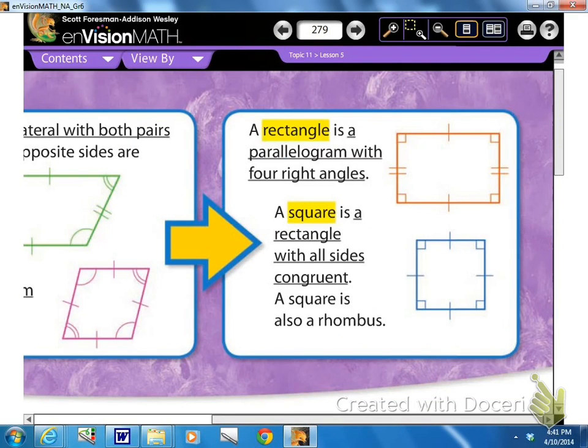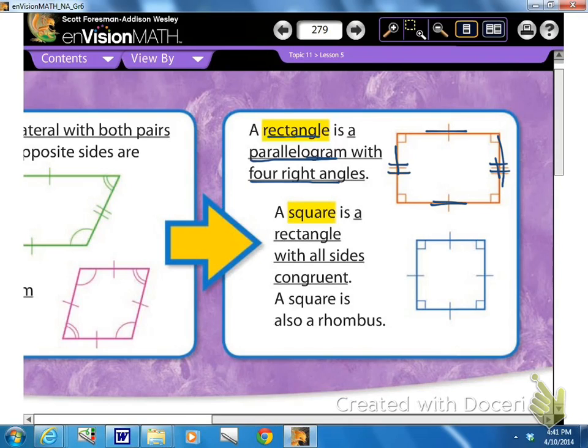Okay, last but not least, we have a rectangle and a square. A rectangle is also a parallelogram. It can be classified as a parallelogram with four right angles, because again, opposite sides are parallel here, right? And this side and opposite side are parallel. They also have opposite sides congruent.